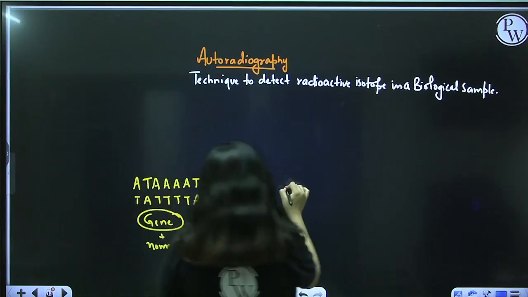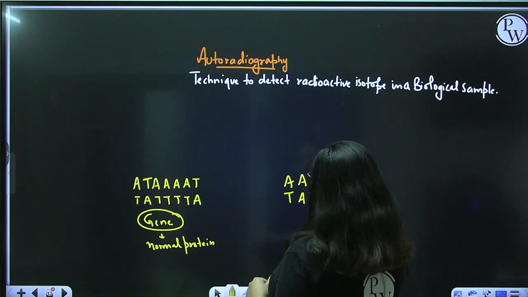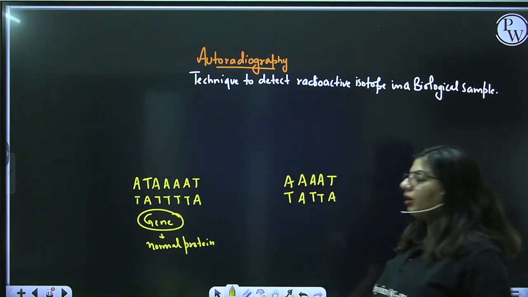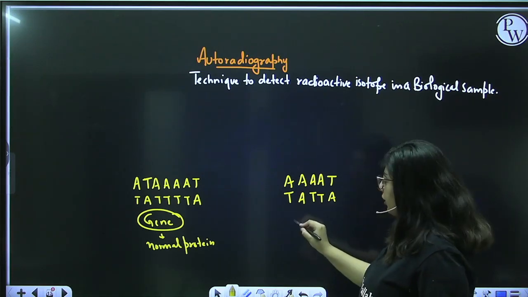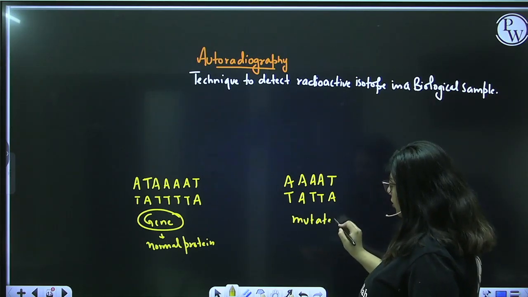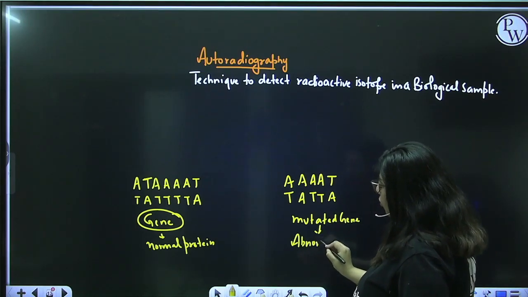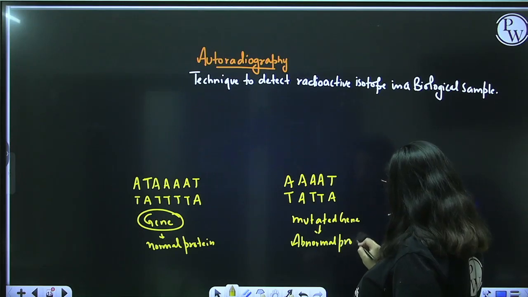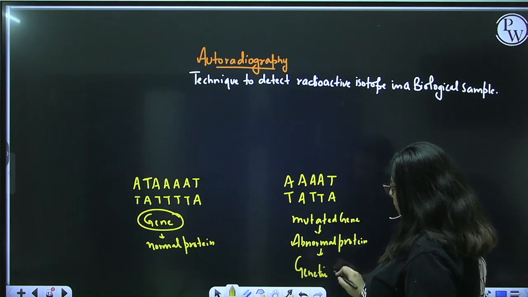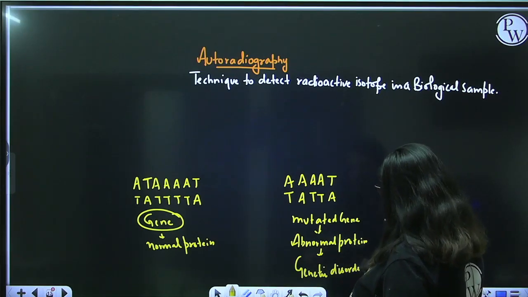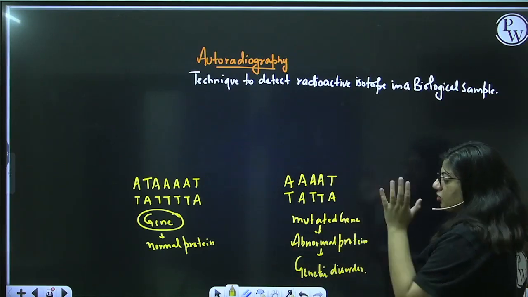A deletion took place and the person now has a genetic disorder. So this is a gene which is mutated, and a mutated gene causes formation of abnormal protein or no protein, and hence that's a genetic disorder. If a person is normal, the person might have this kind of gene. If a person has the disease, the person may have such a kind of gene.